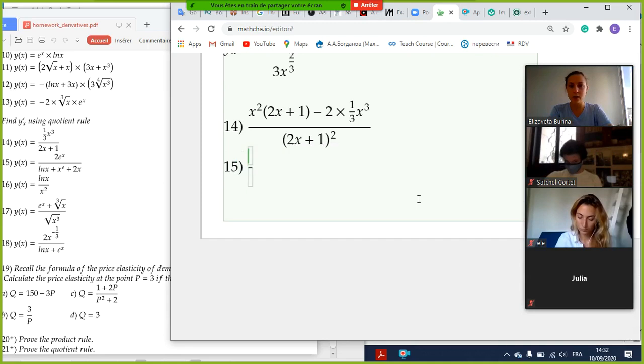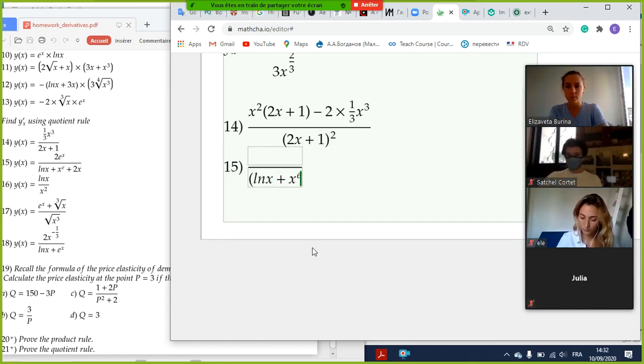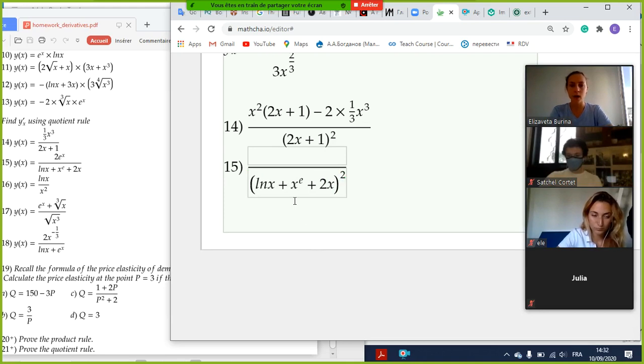Another fraction again. So the first thing first, the numerator, which is quite long here, squared plus 2x squared. Then the derivative of the numerator is very sweet again.